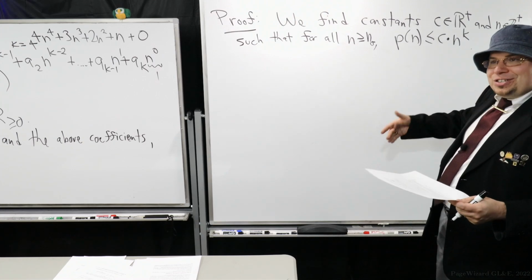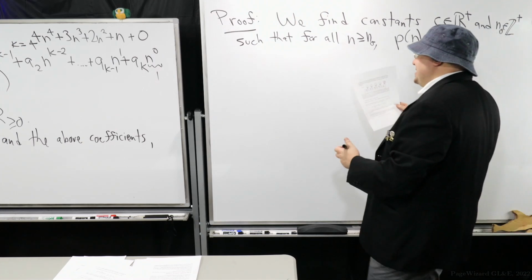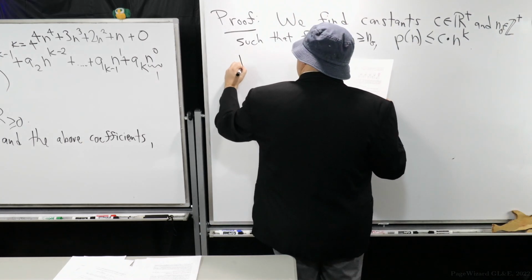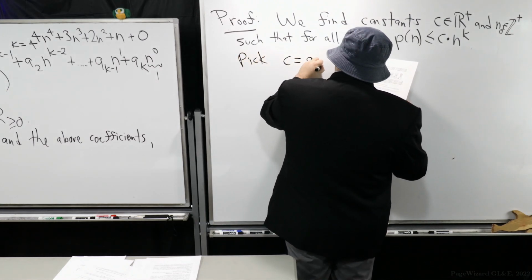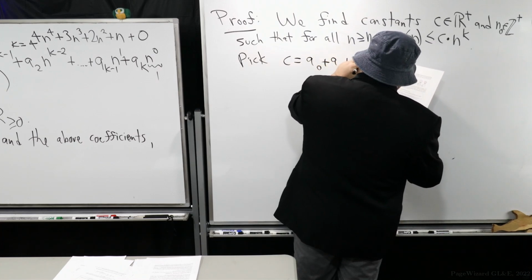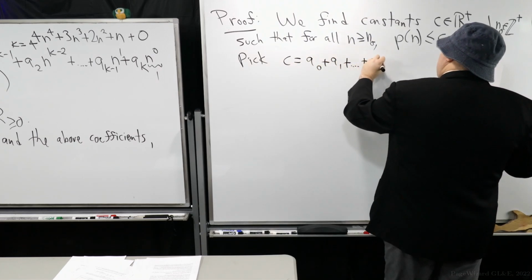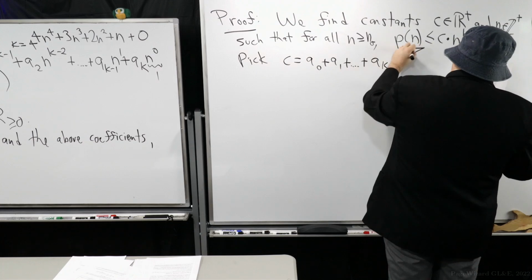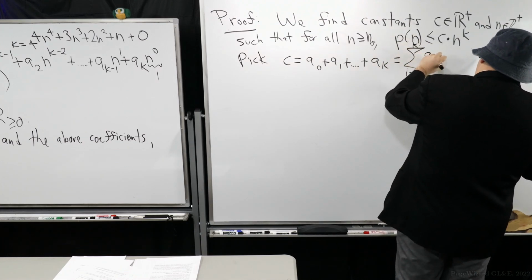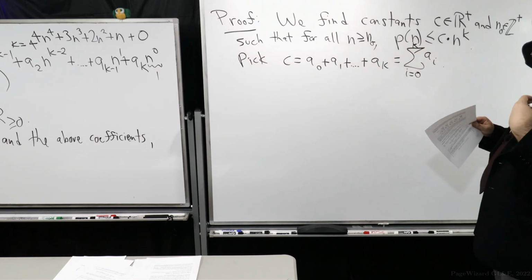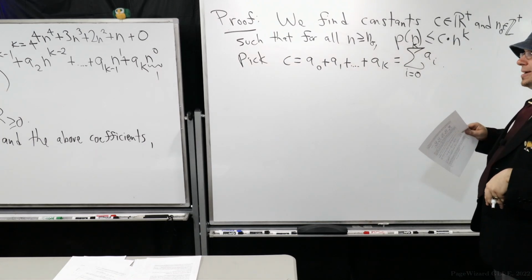Well, they're the coefficients of the polynomial. So I'm just going to pick c equal to a0 plus a1 plus all the way up to ak, which is equal to the sum from i equals 0 to k of ai. I'm just going to take all those coefficients and add them together.